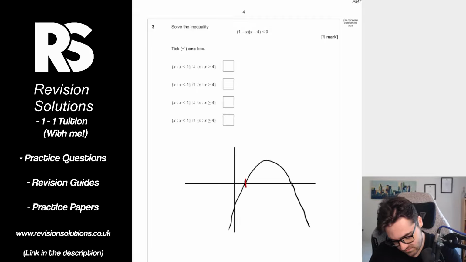So that's everything to the left of 1 and everything to the right of 4. So we want x < 1 or x > 4. It's an or statement, right? Because it could be less than 1 or greater than 4. It's not going to be both. That would be a union, which means it's going to be the first option.